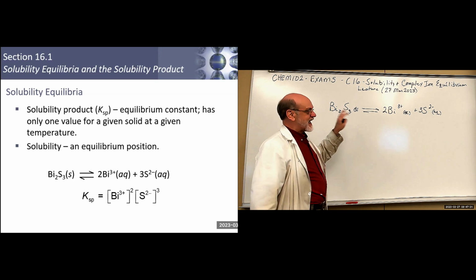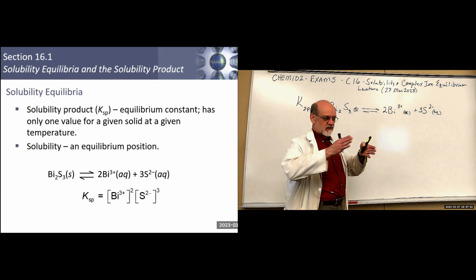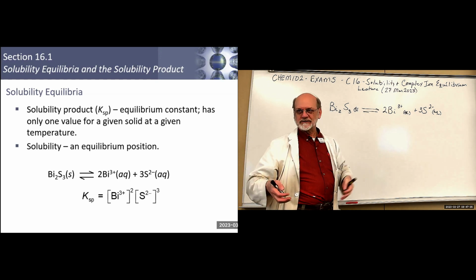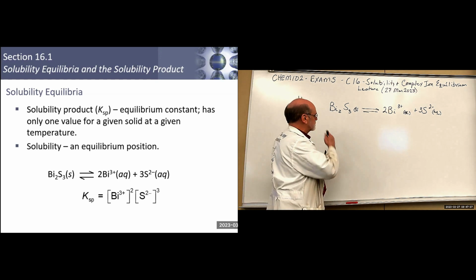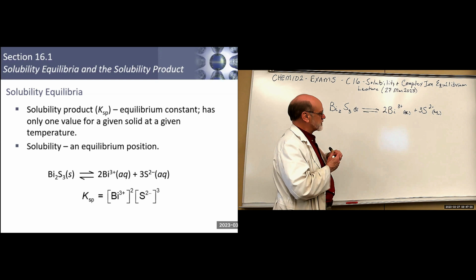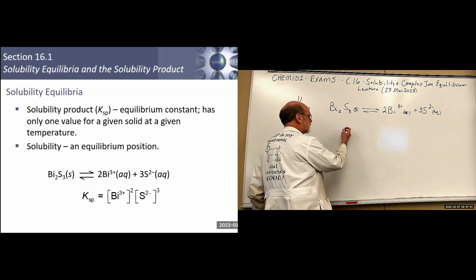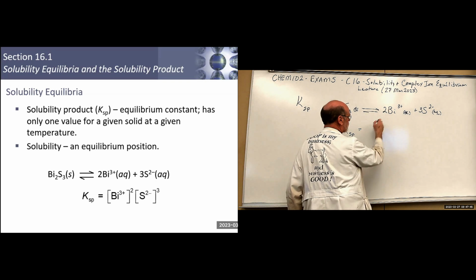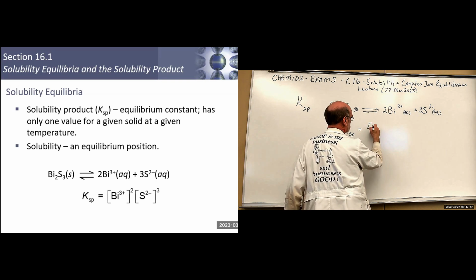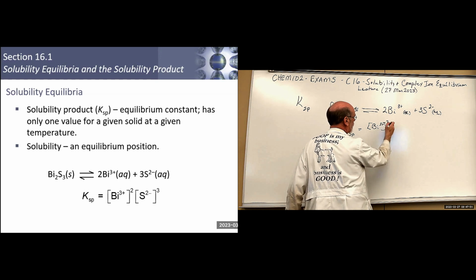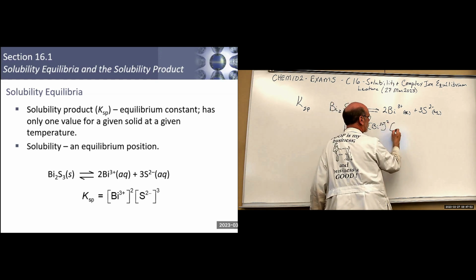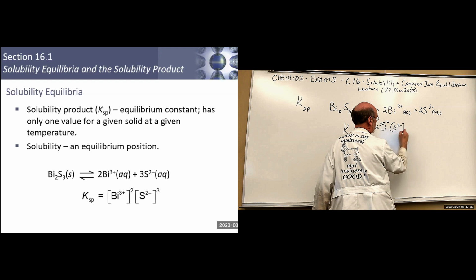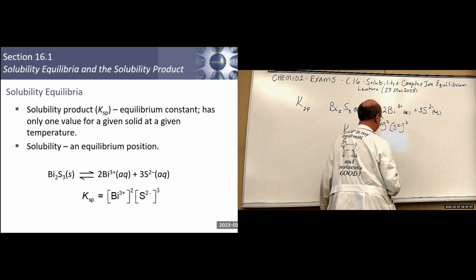And so now we're going to tackle the middle ground between soluble and not soluble. So this is our expression, and if we write a K value for it, then we take the bismuth 3+ ion squared, and sulfur 2- ion and cube it.